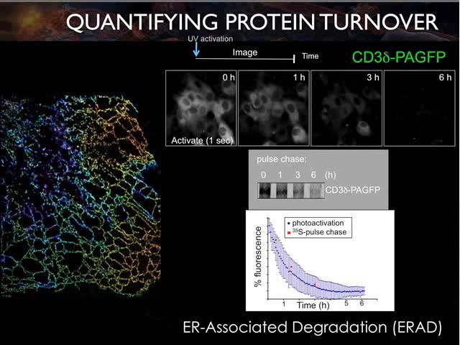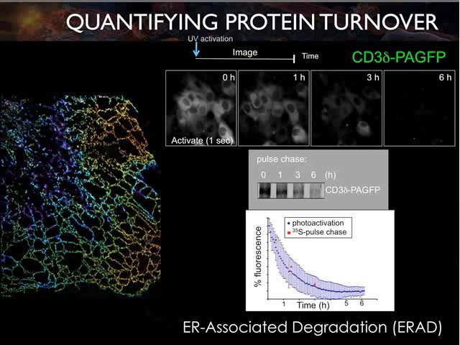The example that I'm illustrating in this slide is the turnover of an ER-resident protein called CD3 delta that's been tagged with a photoactivatable GFP. This protein localizes to the ER, which, shown in the left-hand colored image, is a fine reticular network that stretches throughout the whole cell.